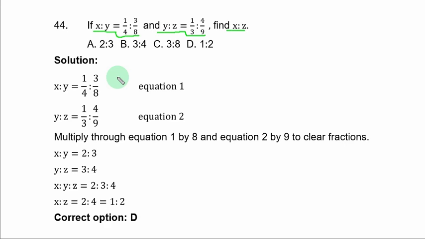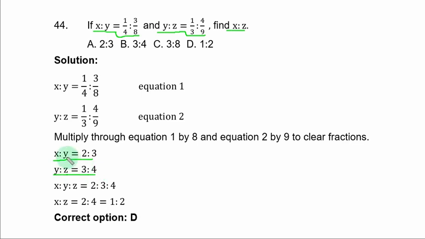In equation 1, you multiply through by 8 to clear fractions, and in equation 2 multiply through by 9 to clear fractions. So you have s ratio y is equal to 2 ratio 3 after multiplying through by 8. Then equation 2 becomes y ratio z equal to 3 ratio 4.